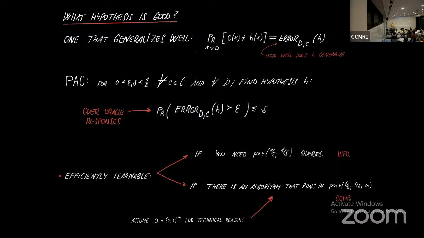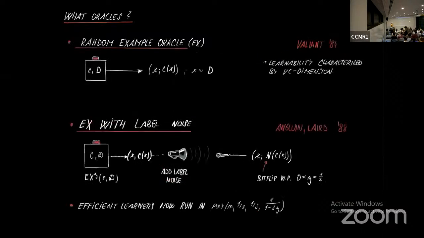I'm sure that a lot of you know this definition very well. You will call a problem efficiently learnable if you need to make polynomially many queries in one over epsilon and one over delta. This is an information theoretic notion of learnability. And if you care about computational efficiency, you may also impose that you need to be polynomial in n if your instance space is the set of bit strings. All right.